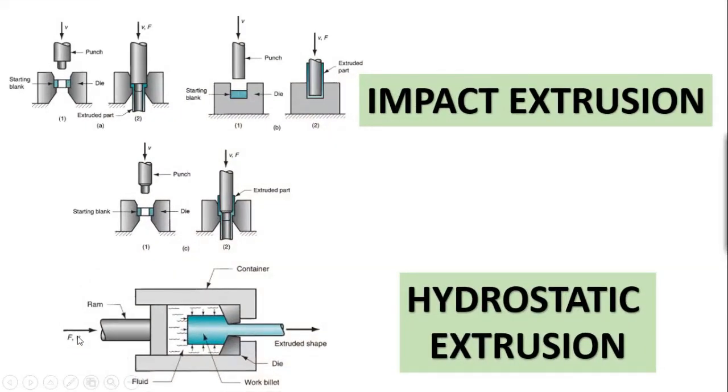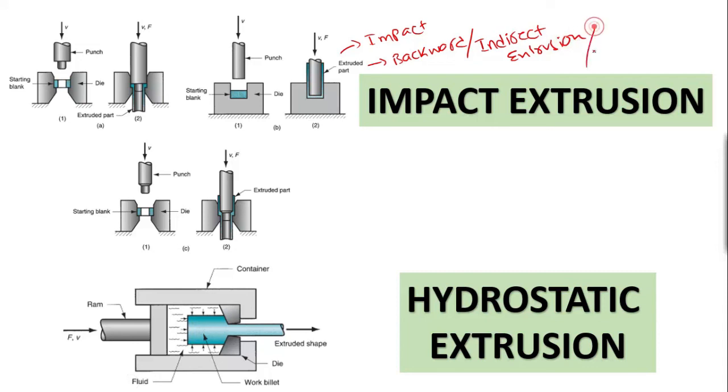If you see here, in impact extrusion the part length is small, and we are using a punch for exerting the impact load, and it is used to make smaller parts. I gave an example of a cup shape in the beginning, and this is the impact one, and it is also backward or indirect extrusion, right?